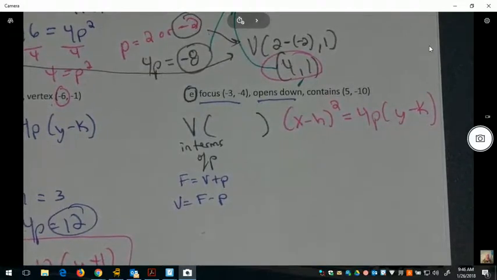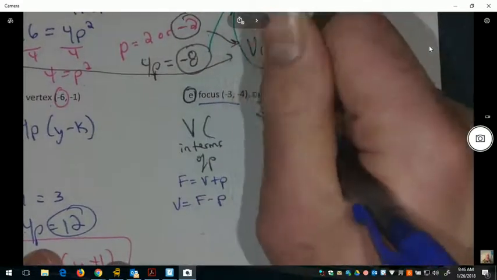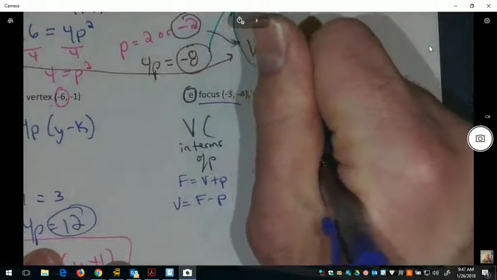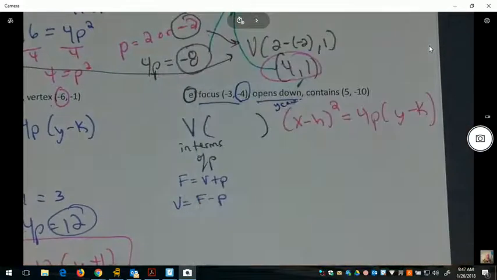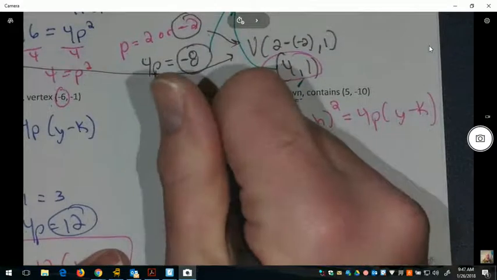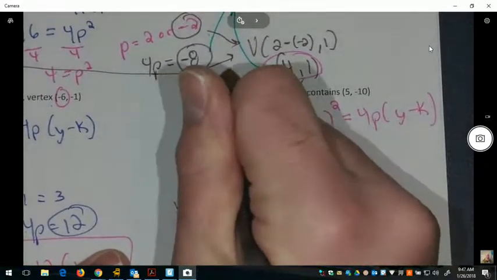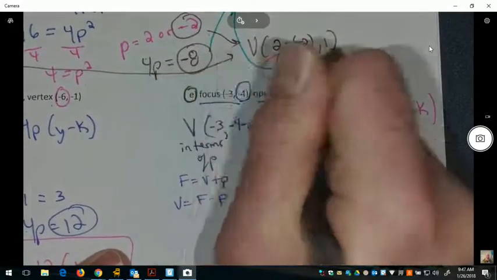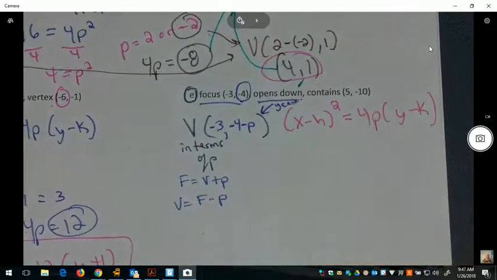So we're going to take the focus and subtract p from it, except because it's opening down, it's going to be the y coordinate that changes. So our vertex will be (-3, -4 minus p). It's the y coordinate that changes since it's opening down. If it was opening left or right, it would be the x coordinate that changes.